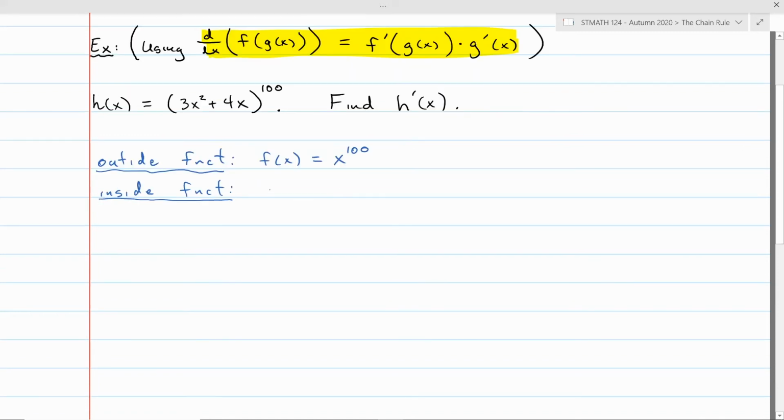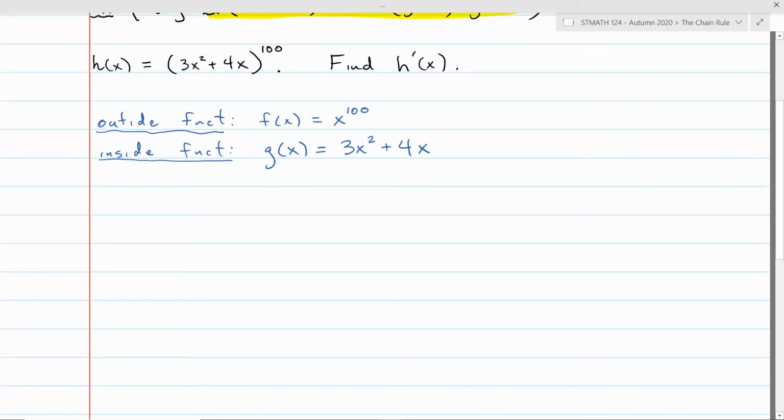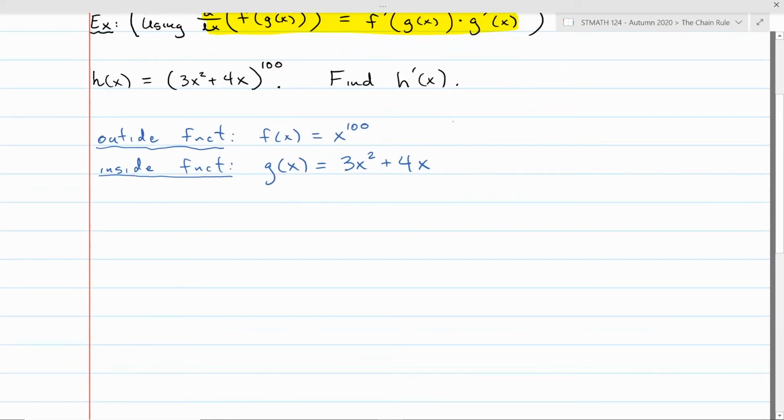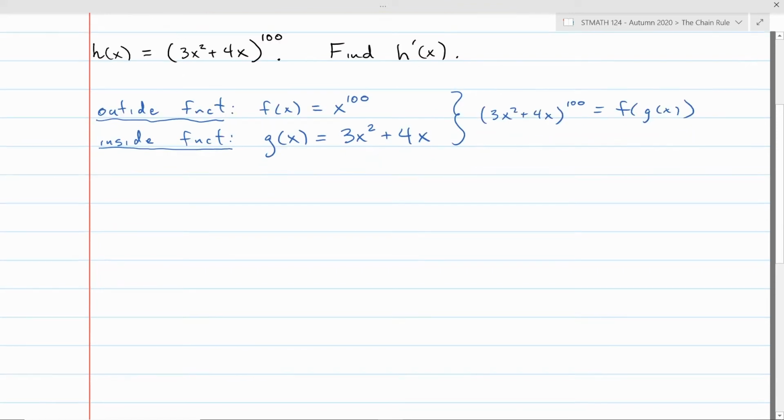And we can see an inside function of g of x equals 3x squared plus 4x. You put these two together, and your original function, 3x squared plus 4x to the 100th, certainly is f of g of x. So now we have our outside function and our inside function.